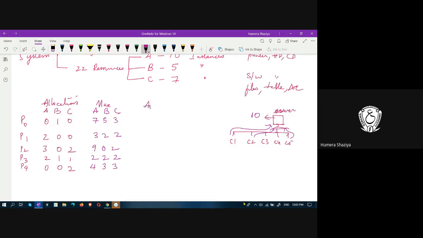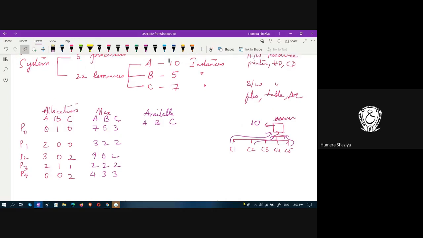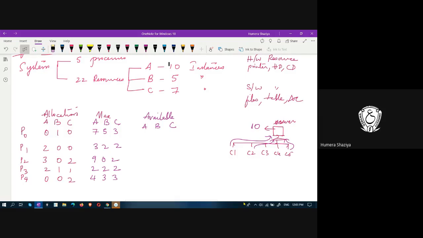Then can anyone tell me what is there in available? What does available have? A, B, C. How many are the total instances of A, B, C? A, the resource, has a total of 10 instances. B has 5, and C has 7.